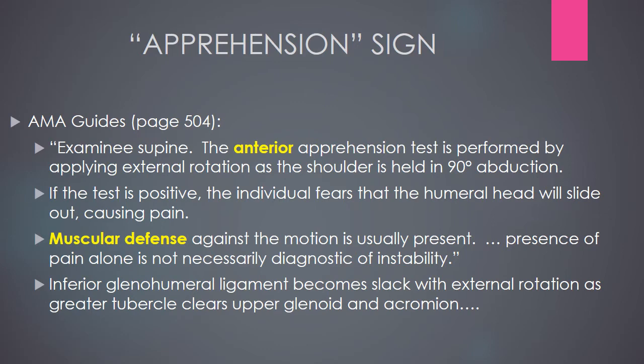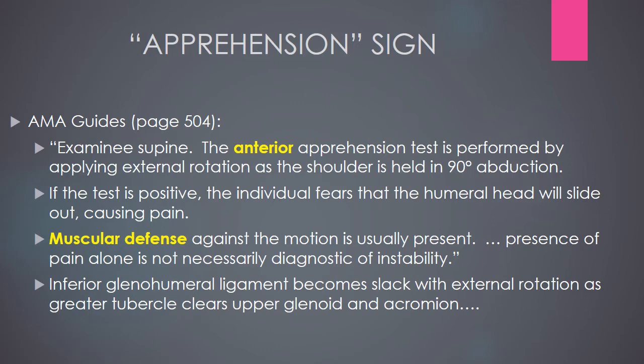So we begin with the examinee supine. The anterior apprehension test is performed by applying external rotation to the glenohumeral joint as the shoulder is held in 90 degrees of abduction.